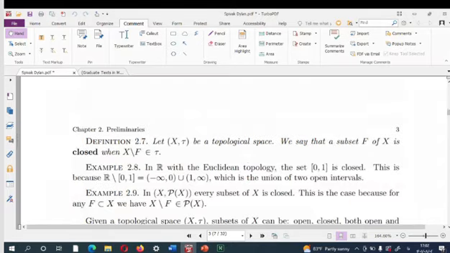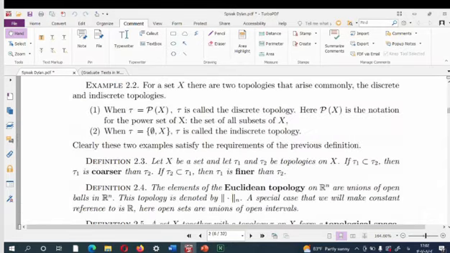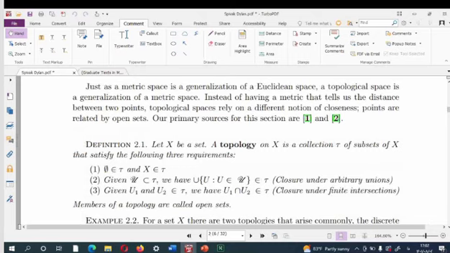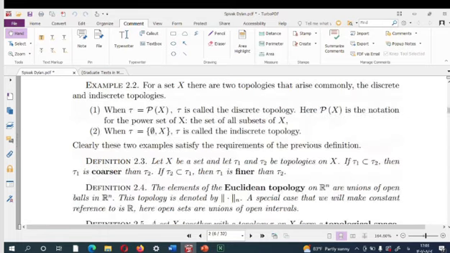You know that a topology has three properties, okay? The empty set and X must belong to tau, and for each subset of tau such as U, its union must belong to tau, and for each two elements in tau, its intersection must belong to tau, okay?